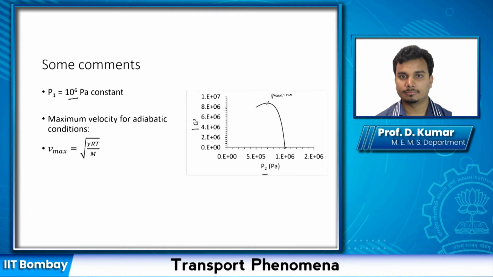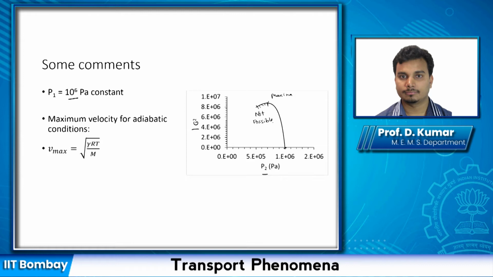And if you further decrease the pressure, then the flow rate decreases, which is physically not possible, although the mathematics says so. It physically does not make sense that flow rates should decrease.